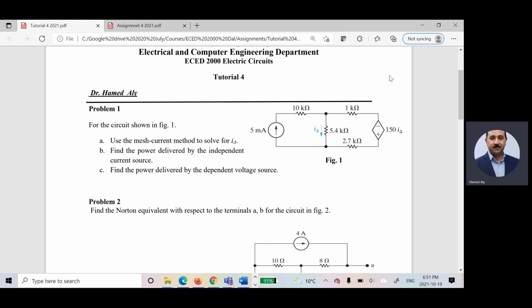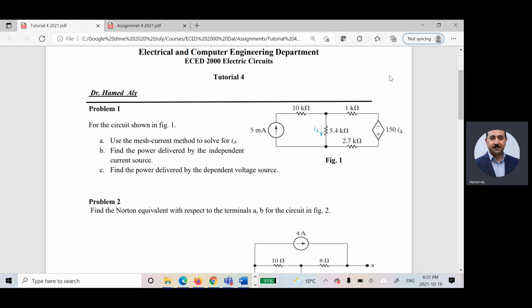So what is needed is to remove all sources and use only one source and find the voltage or the current due to that source at the specific branch that I asked you about. And then remove that source and use the other one, and then the third one, and so on, and add up all of those based on their signs.